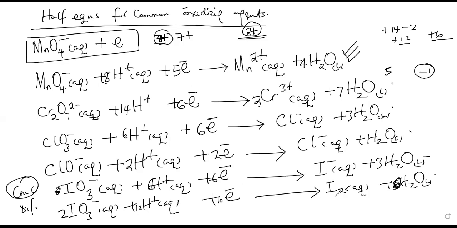Then balancing, as usual. Iodine had 2. You have 2 iodines, but this side you had 1. So I put here 2. Oxygen is 6 of them. Put here 6 to balance oxygen. Hydrogens have become 12. Put here 12 on hydrogen. Then now balance electrons. This side you have negative 2 plus 12, which is 10.